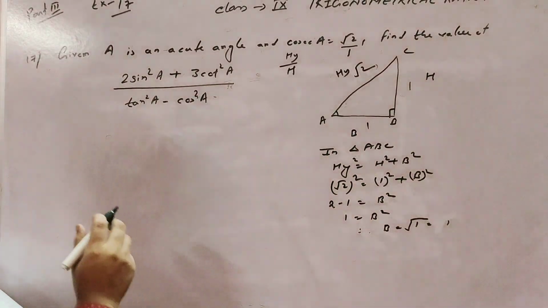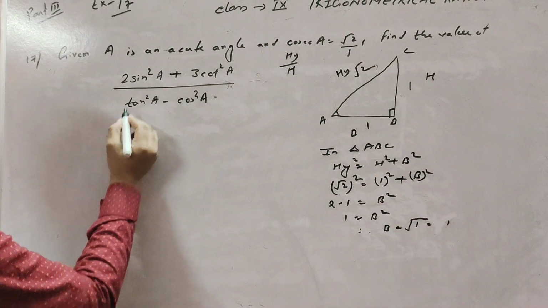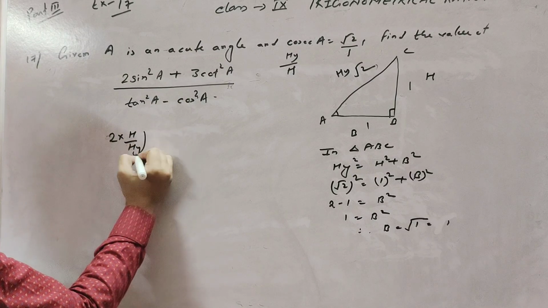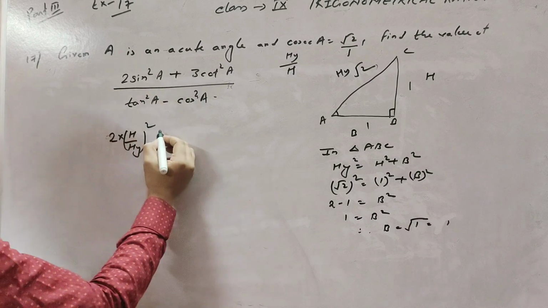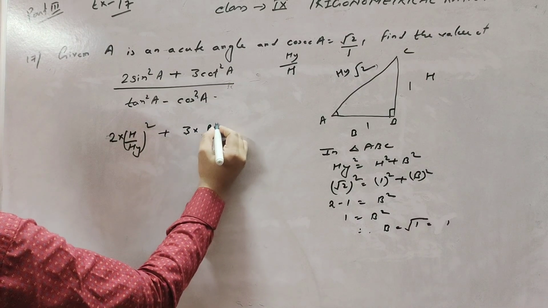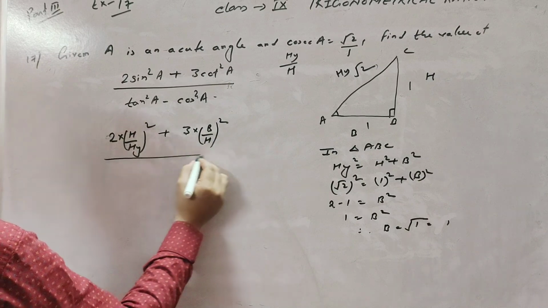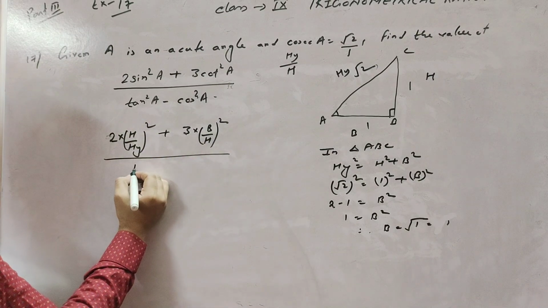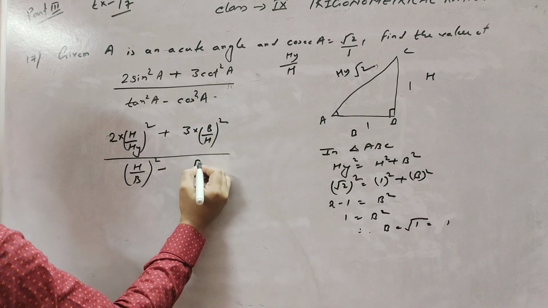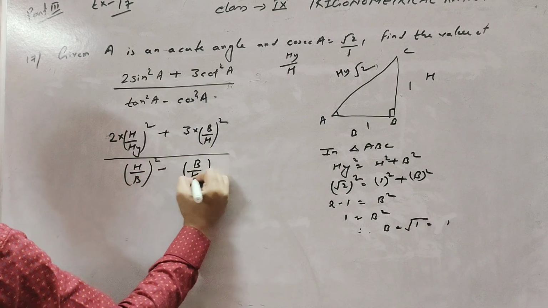Okay. Now 2 sine square means what? Height by hypotenuse whole square, plus 3 cot square. Cot's formula is base by height whole square, by tan square, height by base, minus cos square, that is base by hypotenuse.